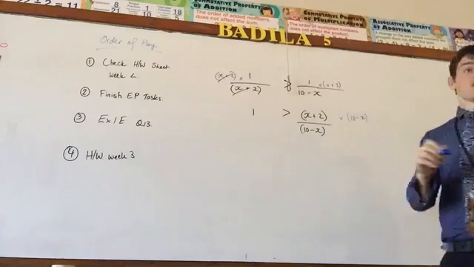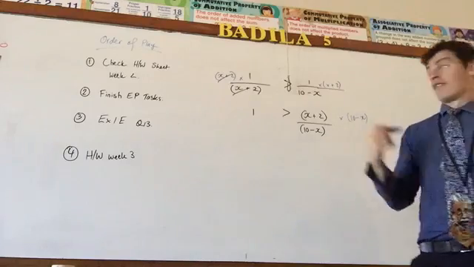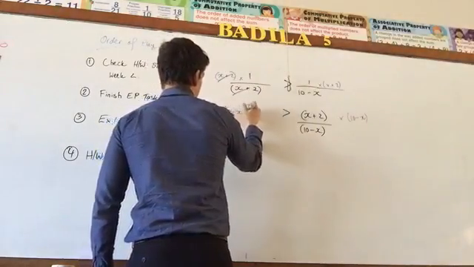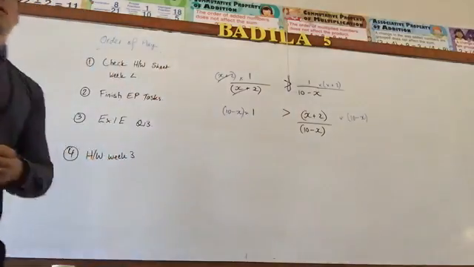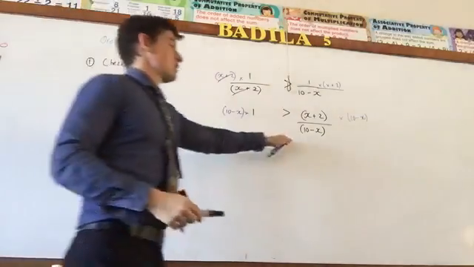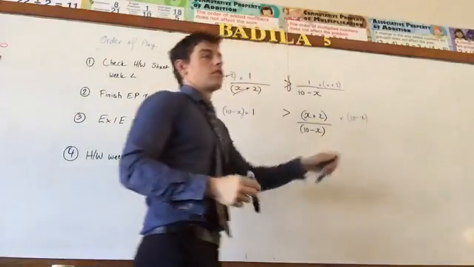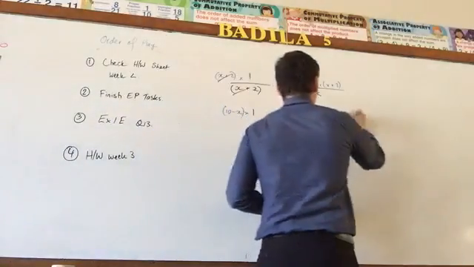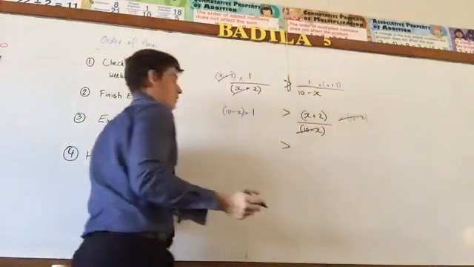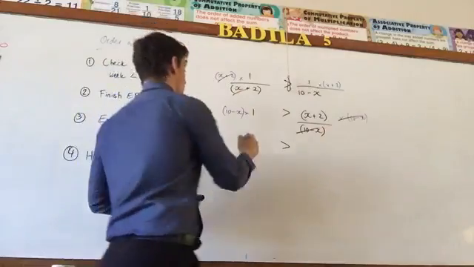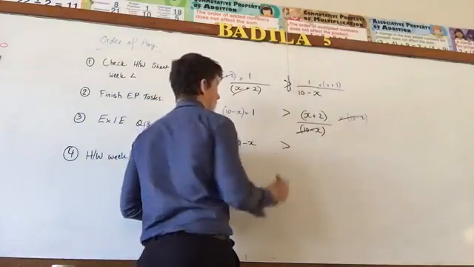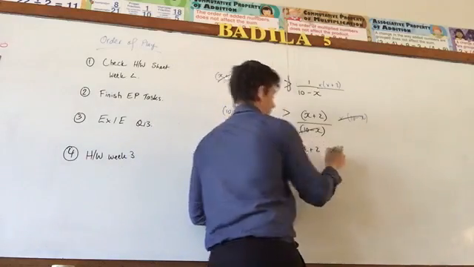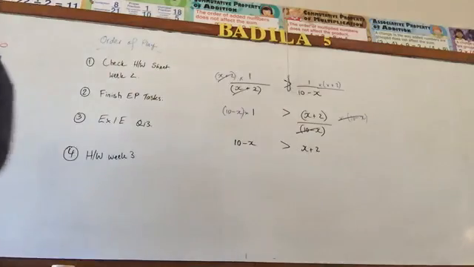Can we do it just to one side? Have to do it to both sides, so we times this side by 10 minus x. What happens to the 10 minus x on the right-hand side? They cancel out and we're left with 10 minus x. Do I need the brackets anymore? No. This is greater than x plus 2. Can I solve that? Yeah.